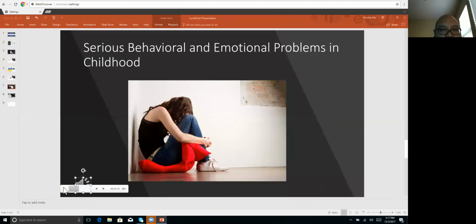Serious behavior and emotional problems in childhood is another risk factor. The pattern of children who may develop schizophrenia is poor impulse control and aggression, which is one of the behaviors that predispose them to mental health disorders.